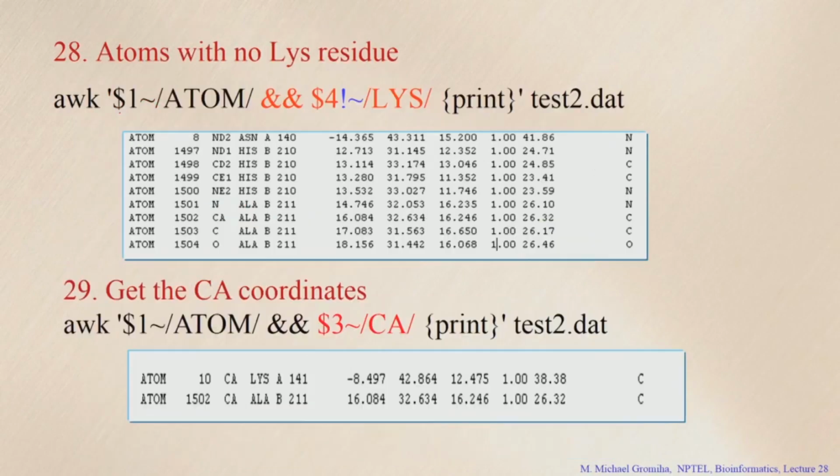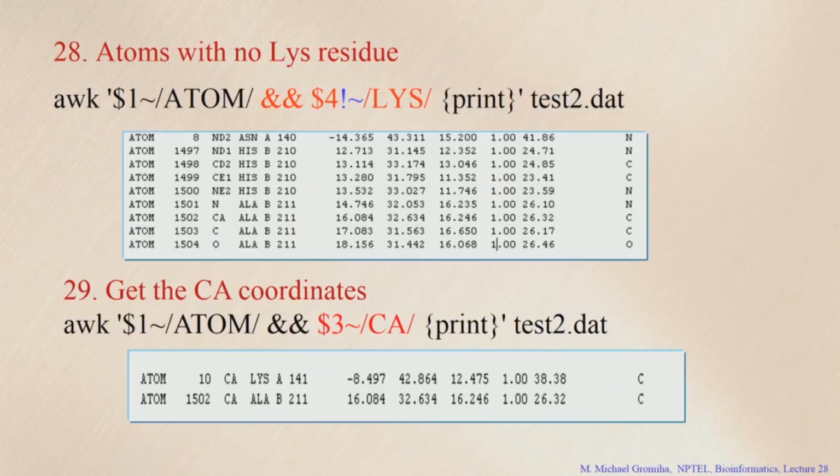So, now the next question is, I need to find the atoms with no lysine residues. For example, if you want to see the disulfide bonds, whether any protein contains cysteine or not, we look at the records.